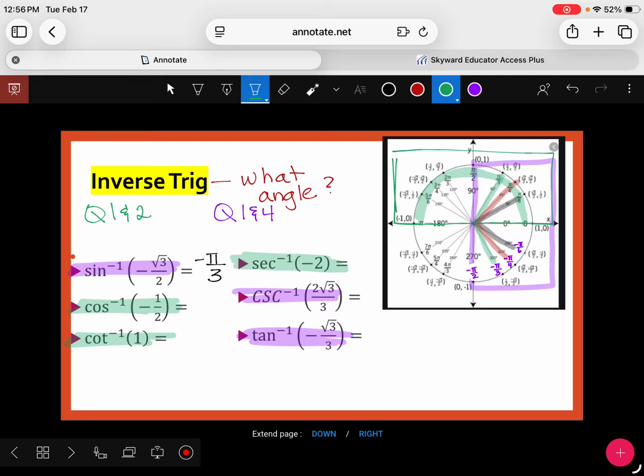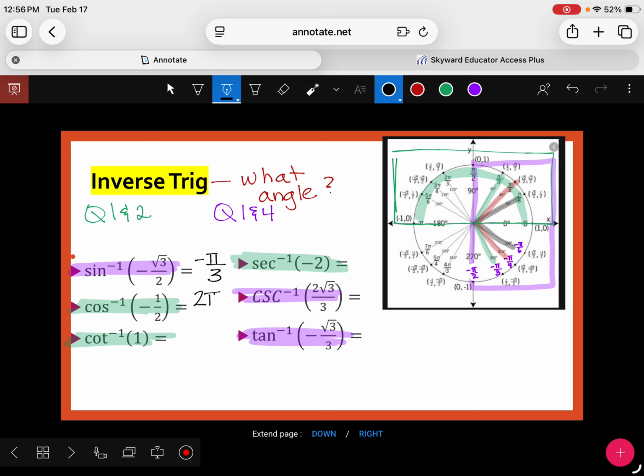What angle has a cosine of -1/2? 120, yep. And 120 in radians would be what? Because everything is in radians. 2 pi over 3. That's the answer I'm looking for.